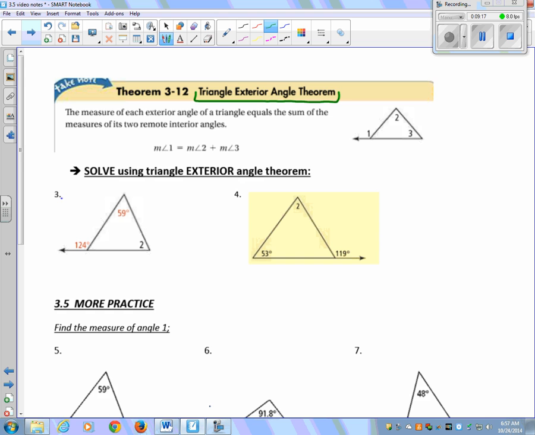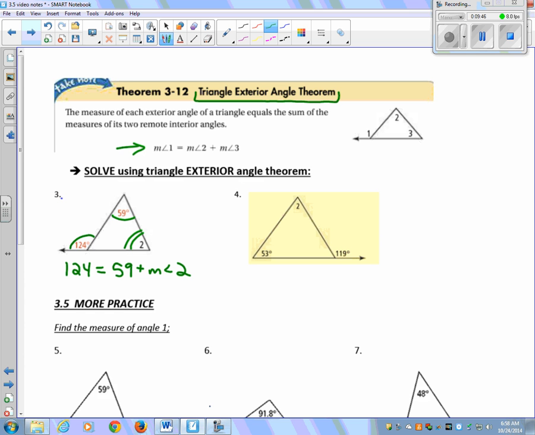So if we look at this number 3 here, the exterior angle is 124 degrees. We have 2 remote interior angles here. Based on this theorem, the measure of the exterior angle, which is 124, equals 59 plus the measure of angle 2.